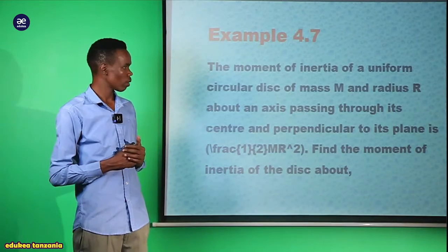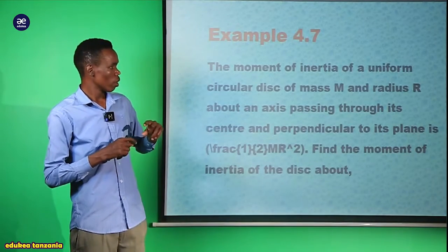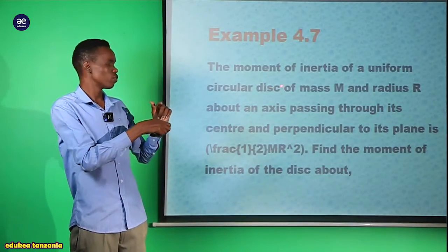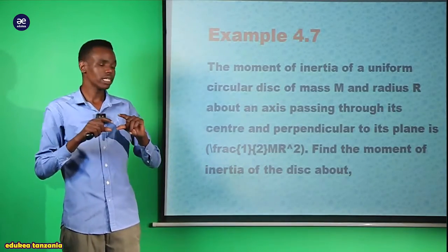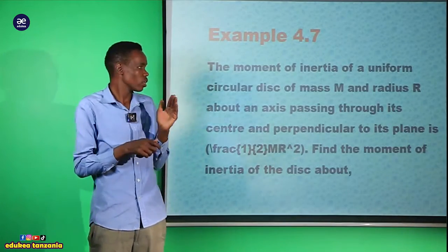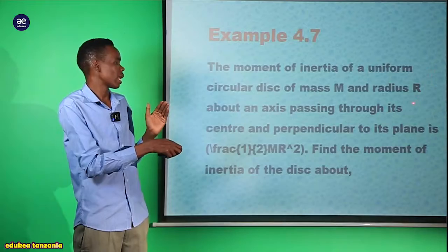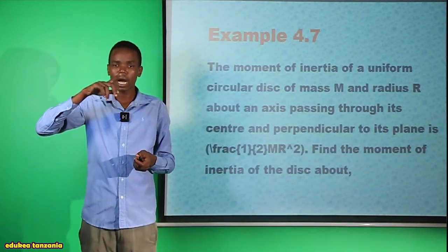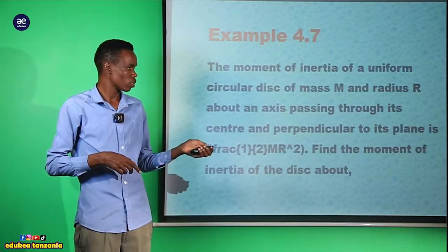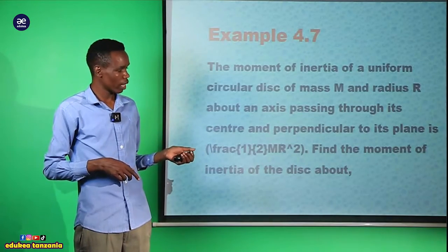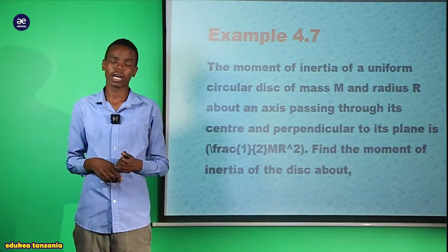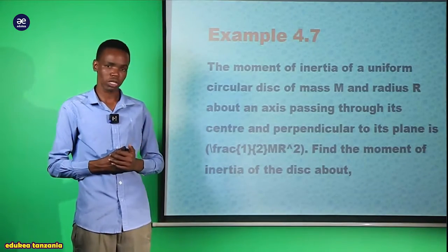Imagine we have a uniform circular disk, and that uniform circular disk has mass m and radius r, and it is rotating about an axis through the center and perpendicular to its plane, where the moment of inertia is given by a half mr square, as we observe here.